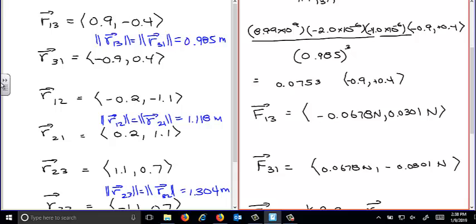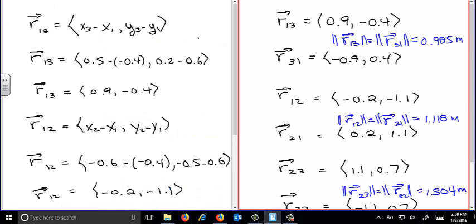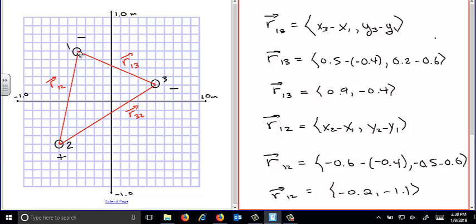So this F13 should be that direction. So let's just go back and look at it qualitatively. So here's force 1, here's charge 1, here's charge 3. They have the same sign, so it's going to be a repulsive force.